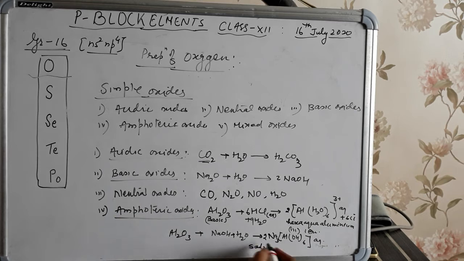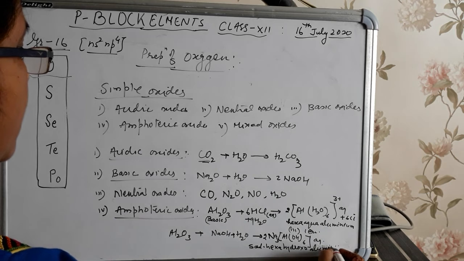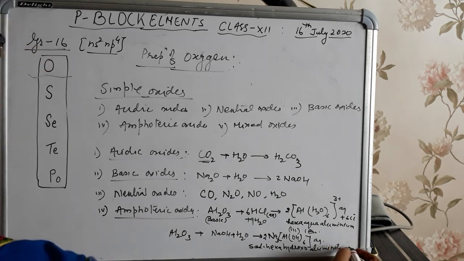Sodium hexa, what is known as aqua? How many aqua? Hydroxo. So sodium hexahydroxoaluminate(III) ion.